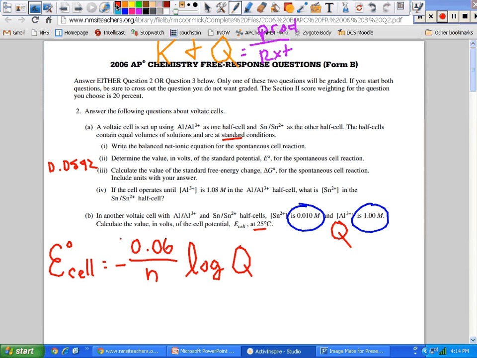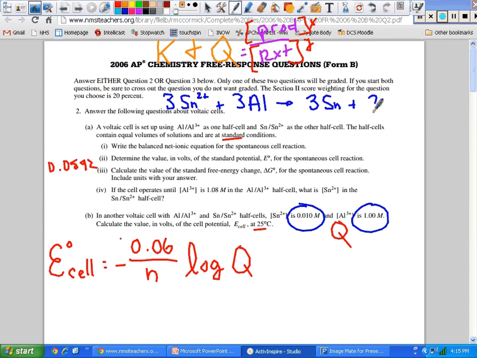Coefficients. Now I'm going to rewrite the reaction one more time. It was 3Sn2+ plus 2Al goes to 3Sn plus 2Al3+. We've said this a million times.